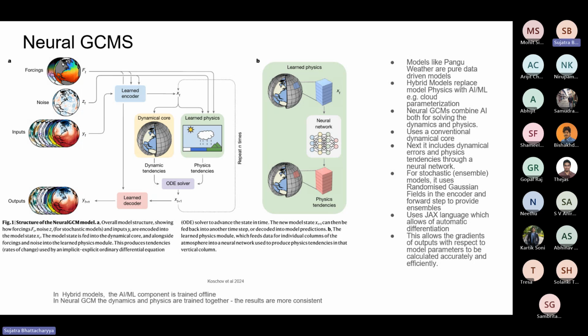Then at the end of it, the tendencies of physics, let's say the change of temperature and velocities, come out. And the physical tendencies, let's say the heating terms, come from the physics. Let's say cumulus heating, radiation, all of them come from the learned physics, which itself is a neural network we use. Combine them in an ODE solver.